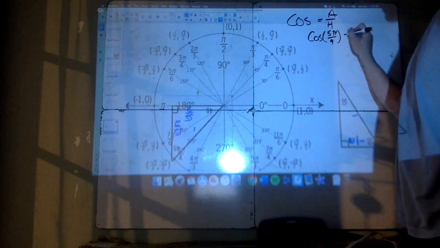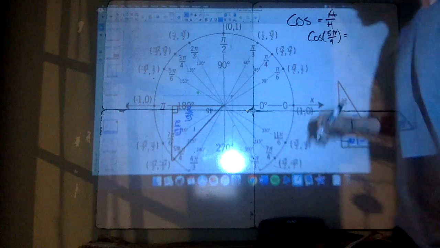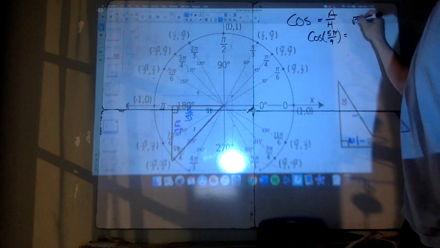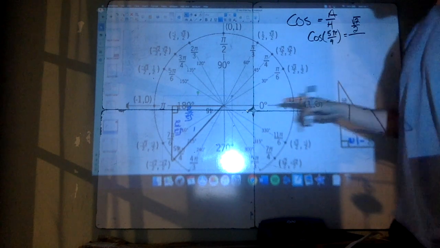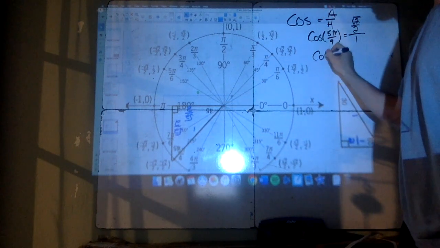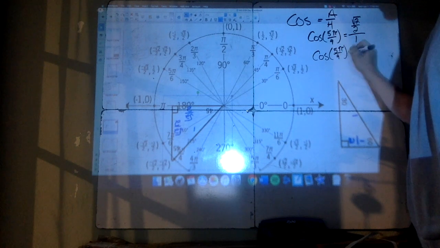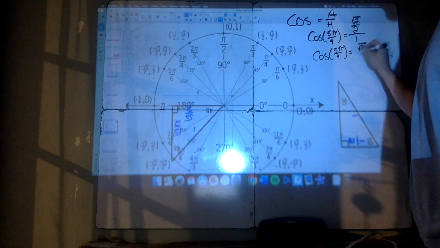The cosine is the adjacent side, and adjacent to this angle is the square root of 2 over 2. The hypotenuse is always 1. So the cosine of 5 pi over 4 equals the square root of 2 over 2.